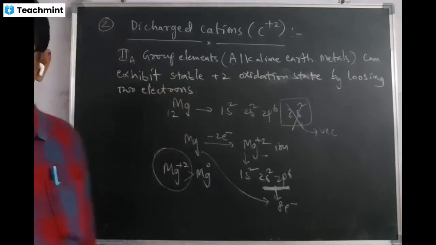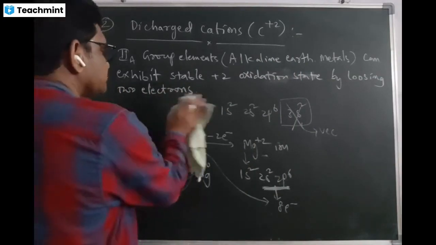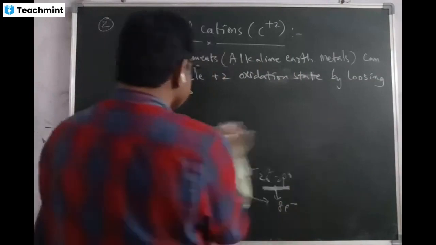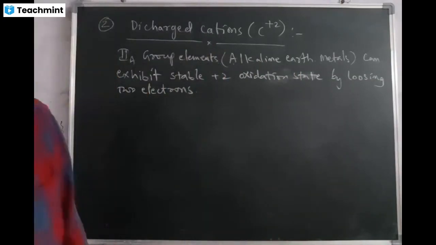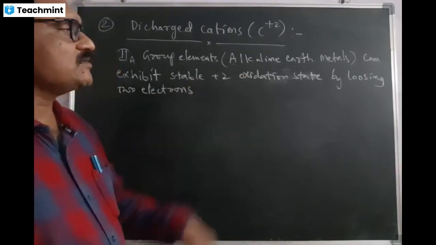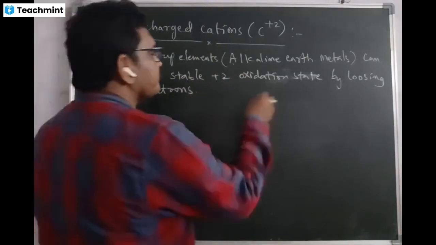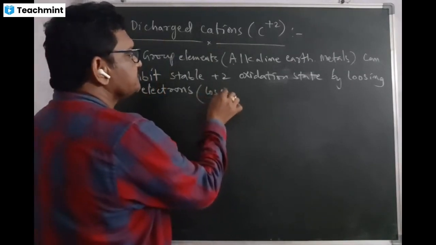So here one thing you remember: loss of electrons is nothing but oxidation. There is a loss of electrons from alkaline earth metals. That means alkaline earth metals undergo oxidation.